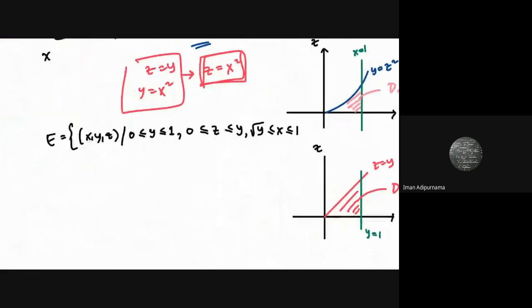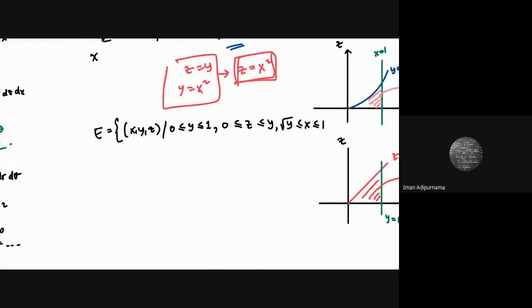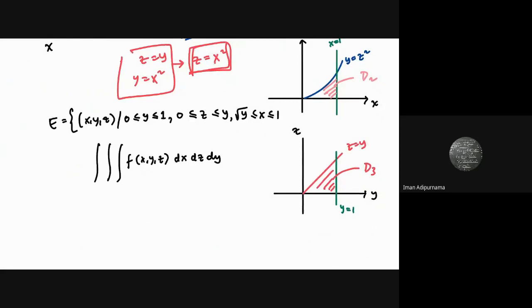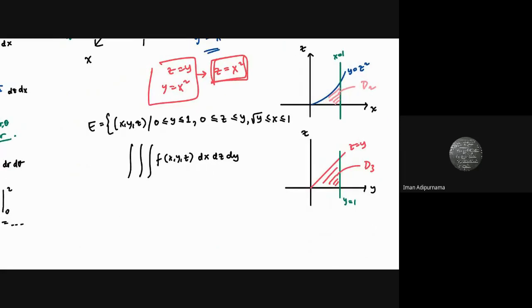Okay. And thus, we can have dx dz dy, from 0 to 1, 0 to y, and then square root of y to 1.